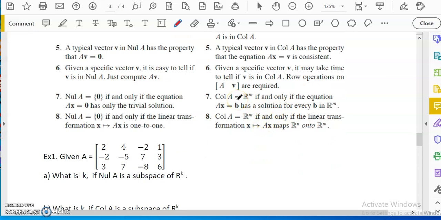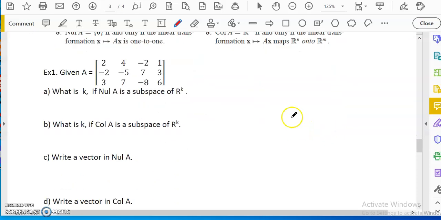Col A spans R^m if Ax = b has a solution for every b. Col A is exactly equal to the whole R^m if the linear transformation maps R^n onto R^m. That means every single vector in R^m has a corresponding vector in R^n.